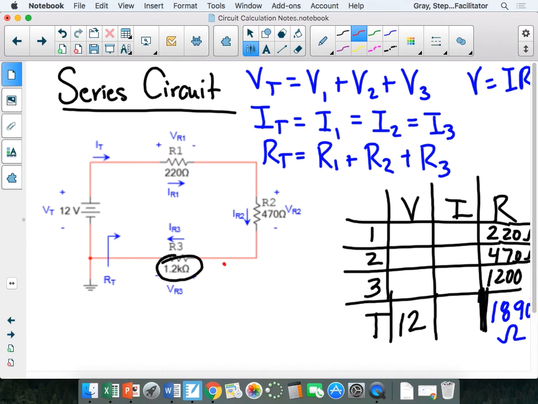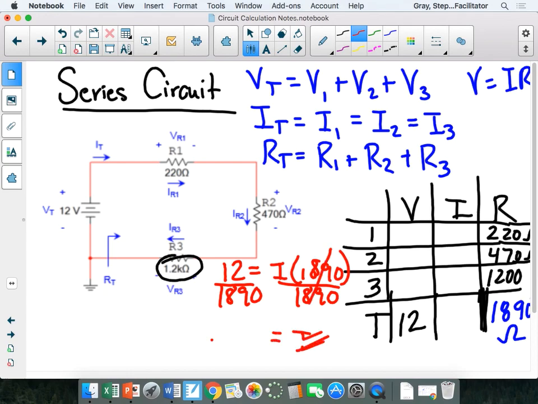So I'm going to say 12 should be equal to the I times 1,890. And then I can divide by, make sure you divide by whatever's with the I. So it's going to be a really small decimal, right? 0.006 amps.